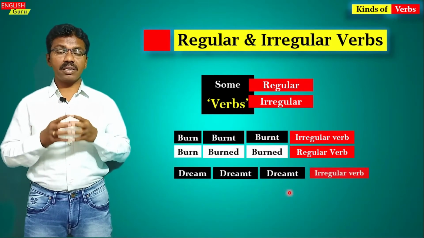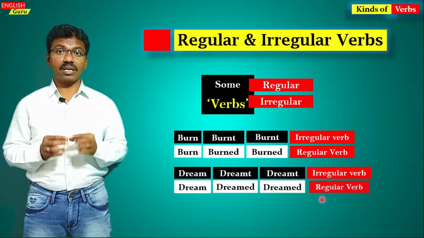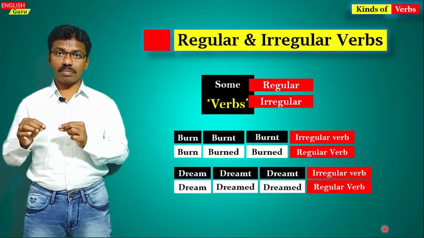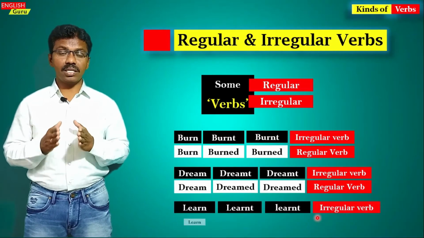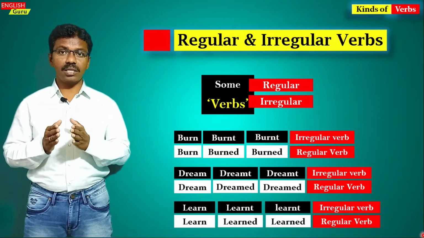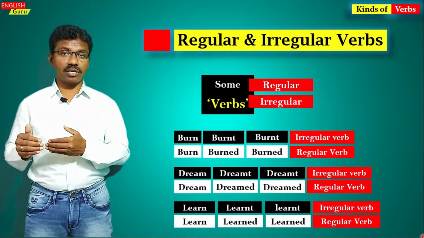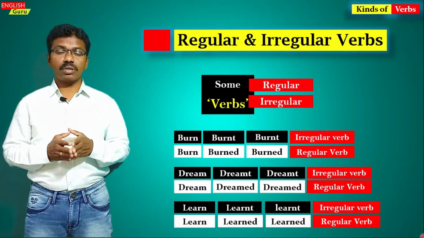In a similar manner, dream, dreamt, dreamt, irregular verb, whereas dream, dreamed, dreamed, regular verb. In the same manner, learn, learnt, learnt, irregular verb. Learn, learned, learned, regular verb. So some verbs in the English language can be used as both regular and irregular verbs.